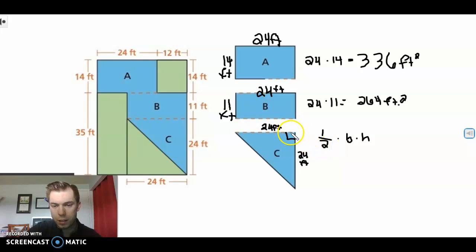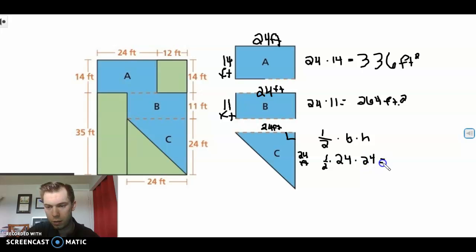Our base in this case is the 24 feet, which we got from this side of the square, and the height is 24 feet, which we got from this side of the square. Remember, we take half because really the area of any triangle is either half of a square, half of a rectangle, or just half of a rhombus, a parallelogram. Okay? So we want to take half. We're going to multiply it by 24, which is our base, and multiply it by 24, which is our height.